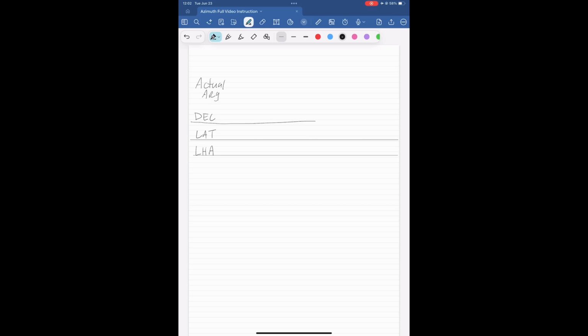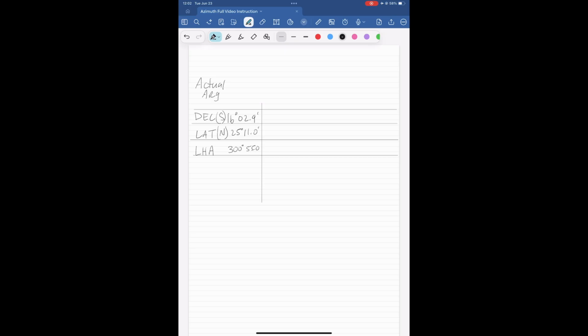Next. So our declination is south 16 degrees, 02.9 minutes. Our latitude was north 25 degrees, 11.0 minutes. And our LHA was 300 degrees, 55 minutes, okay? That's our actual arguments.